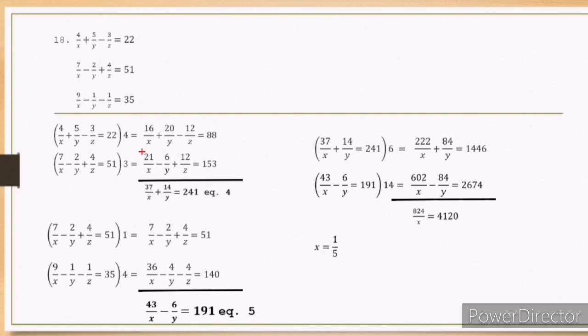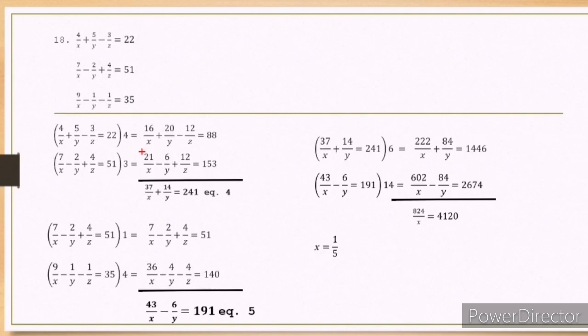Then 7 over x plus 36 over x is equal to 43 over x. 2 over y plus 4 over y is equal to 6 over y. Positive 4 over z, then negative 4 over z is equal to 0. Then 51 plus 140 is equal to 191. Equation 5 is 43 over x minus 6 over y equals 191.